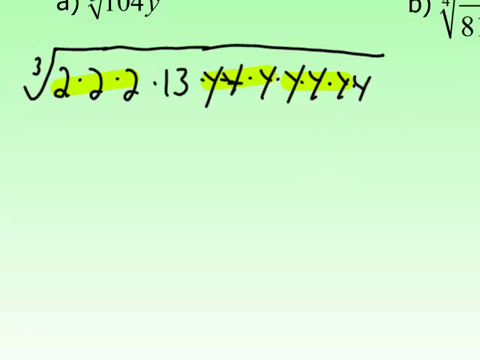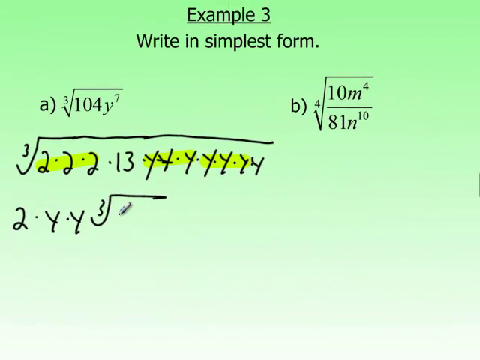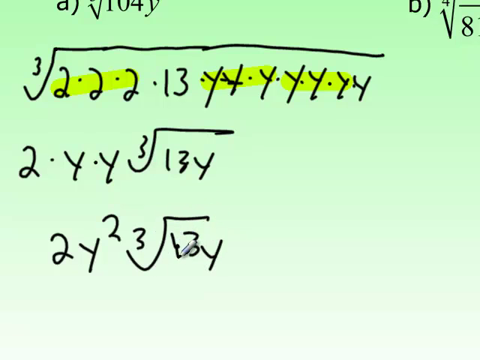So when I simplify it, I can pull out a 2, and then 2 times y times y, and then I'm left with the cube root of 13 times y. So I multiply everything out in front first, the coefficient first. So that'd be 2y squared, cube root of 13y.